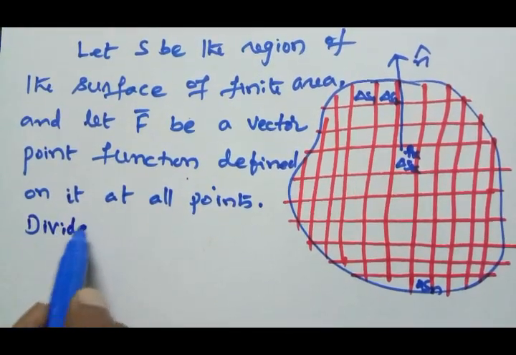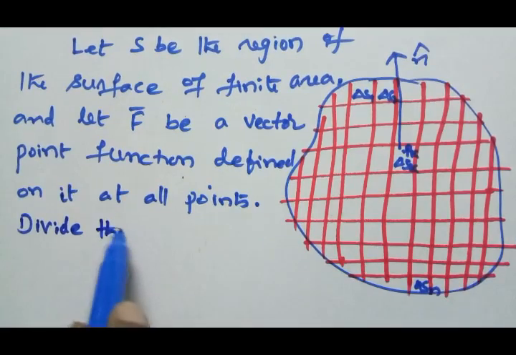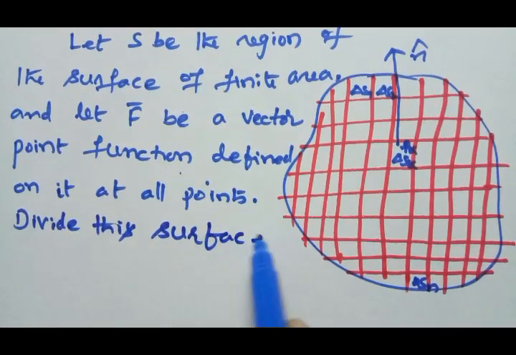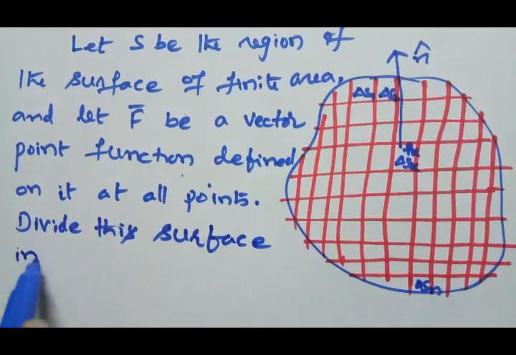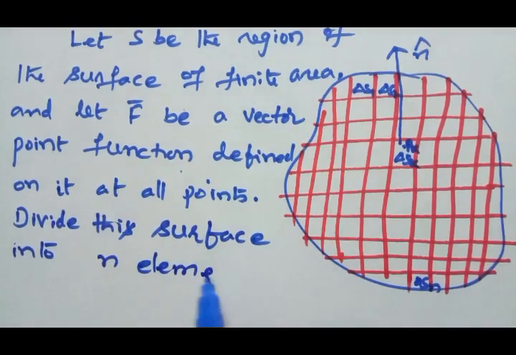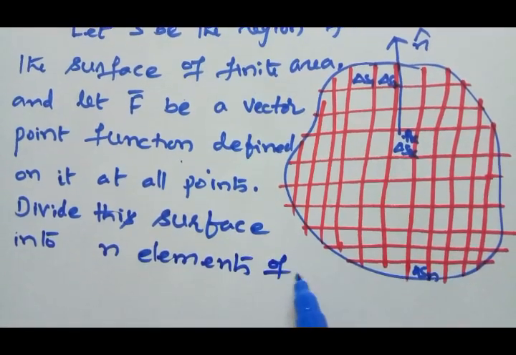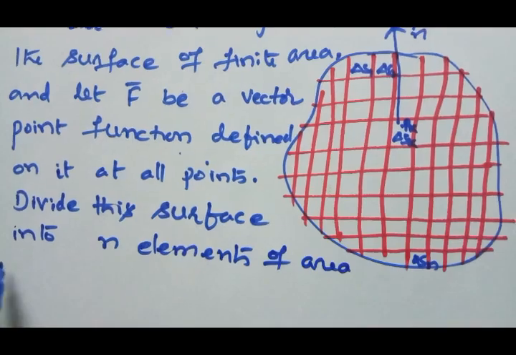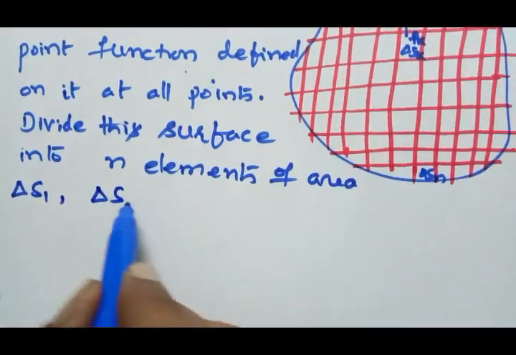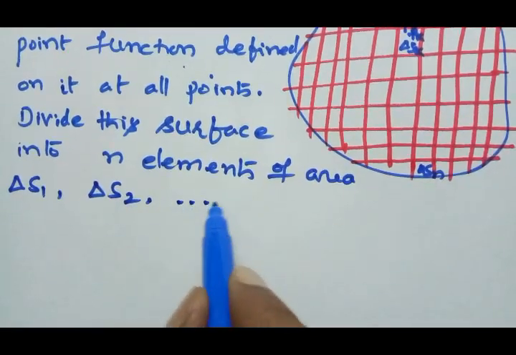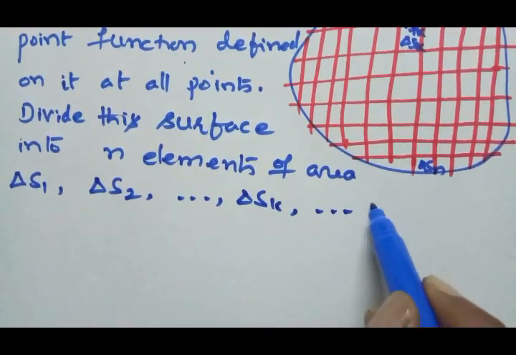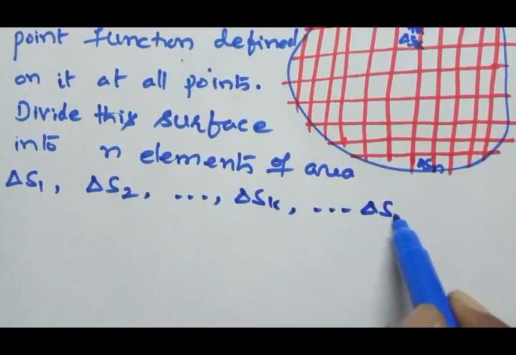Divide this surface into n elements of area delta s suffix 1, delta s suffix 2, and so on, delta s suffix k, and so on, delta s suffix n.